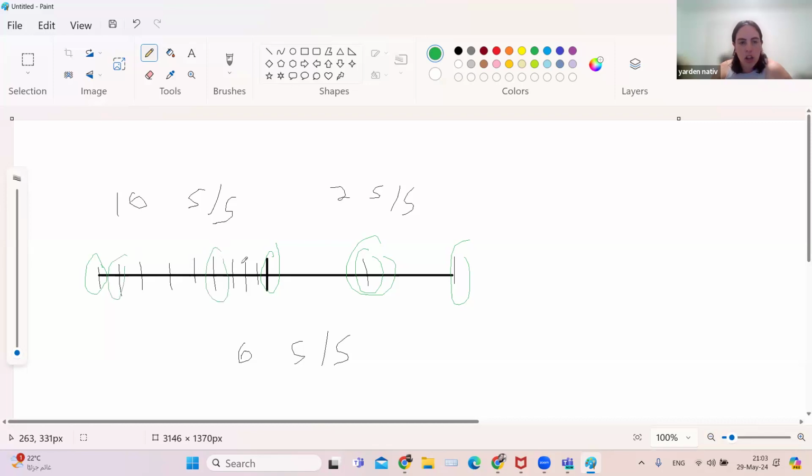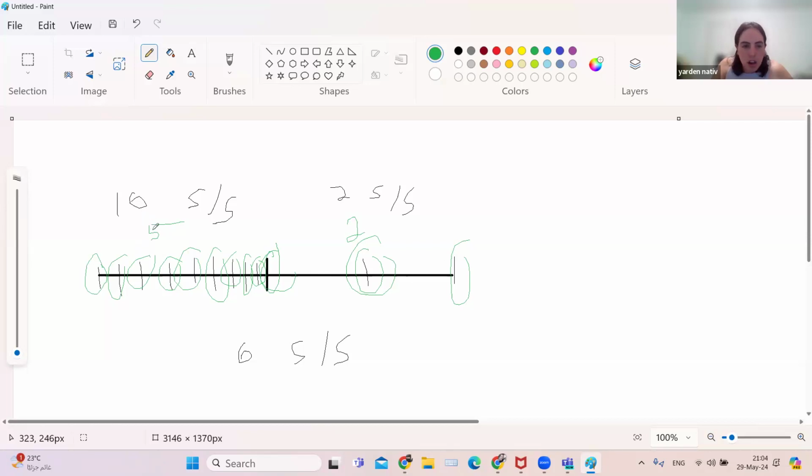And this one and this one, and this one, and this one. So we have here 5 and here 2. So it's 7 counts, out of all possible time lags, out of all possible spikes.